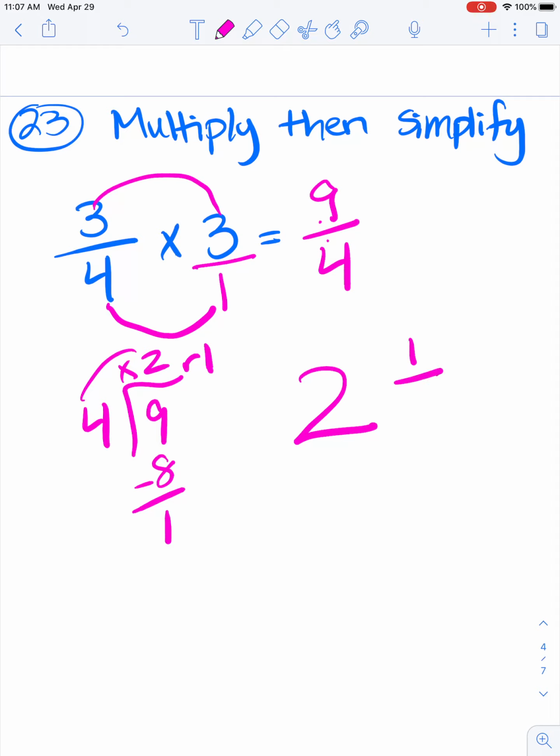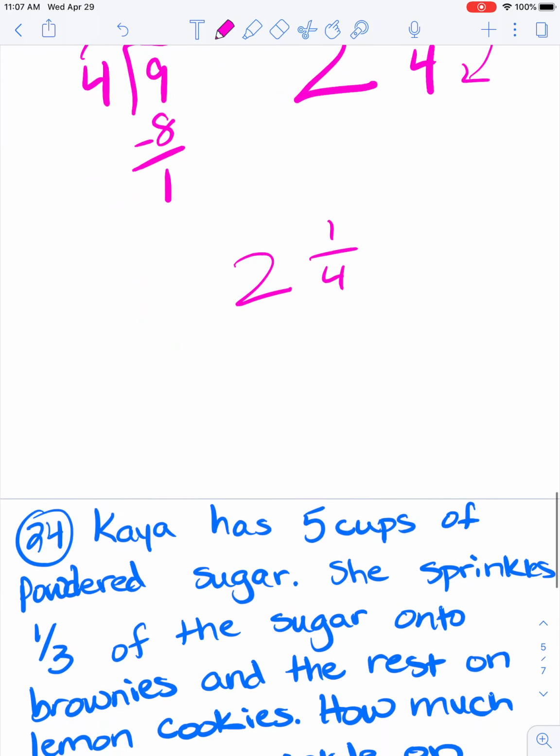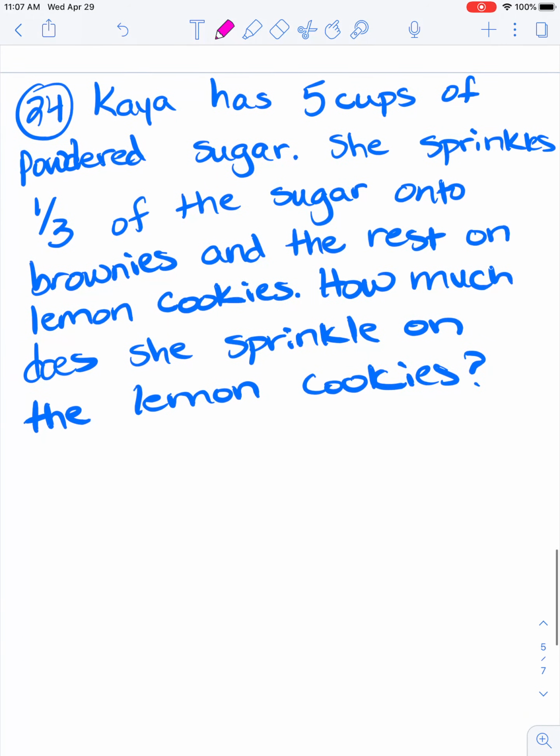Going across, you've got 2 wholes. 1, your remainder is your numerator, and your denominator stays the same. So 2 1/4. 2 wholes and 1/4. Okay, my quotient is my whole number, my remainder is my numerator, and my denominator stays the same.